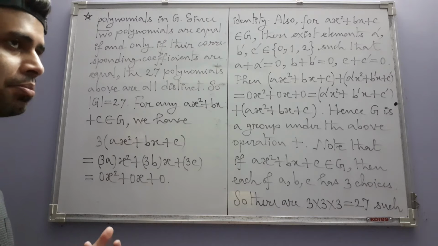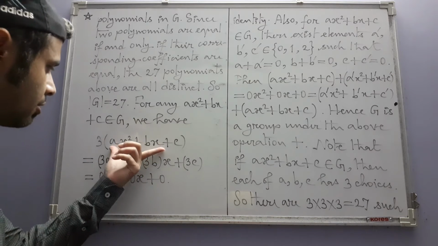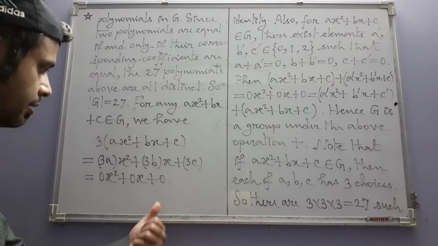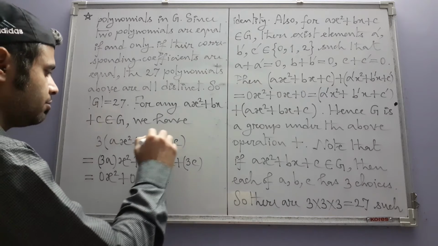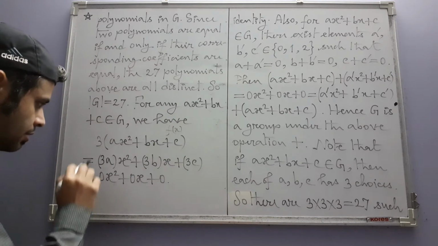So the third power, I should say in general, the third power of this element ax square plus bx plus c equals the identity.